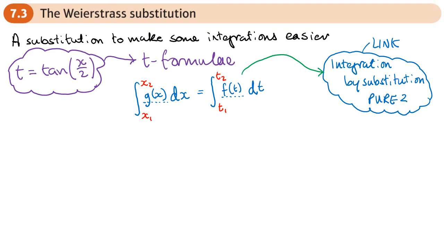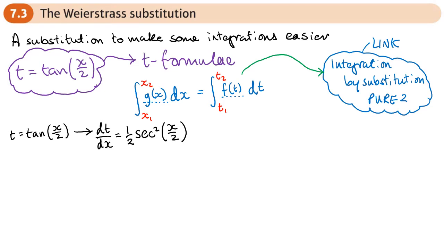Right, so we're probably fine making a substitution from here to here, but how do we change dx to dt? Well, okay, let's see what we can do. So t equals tan of x over 2. If I differentiate that with respect to x, I'll get dt/dx equals a half, using the chain rule, sec squared, using the formula book, of x over 2.